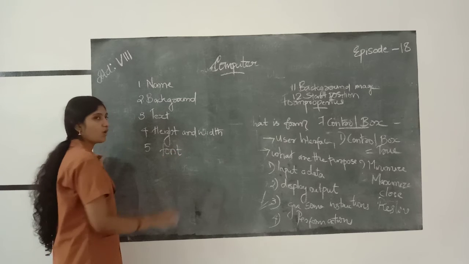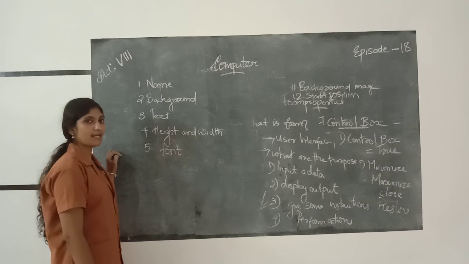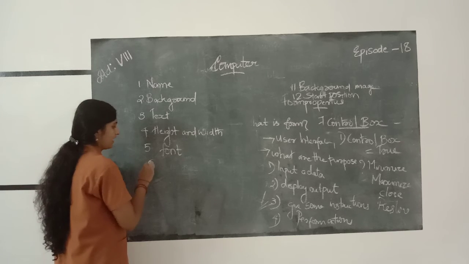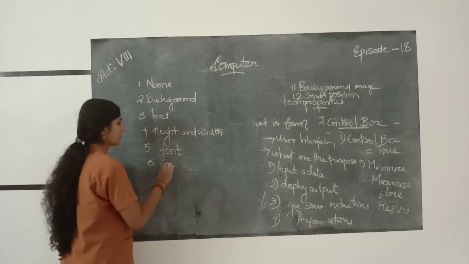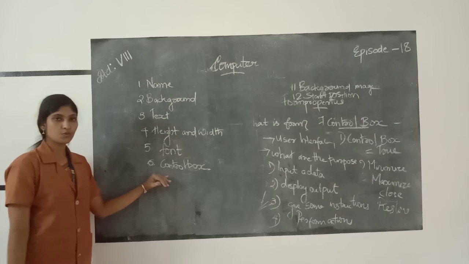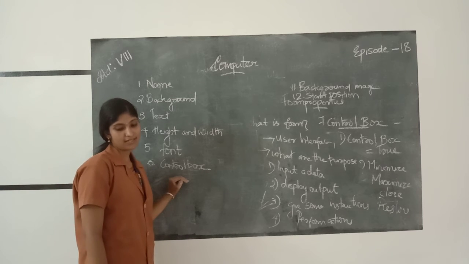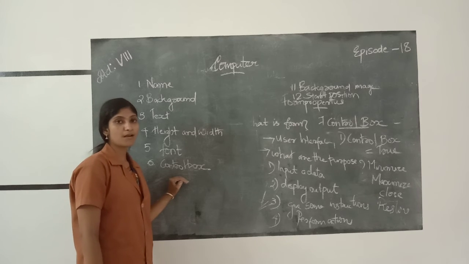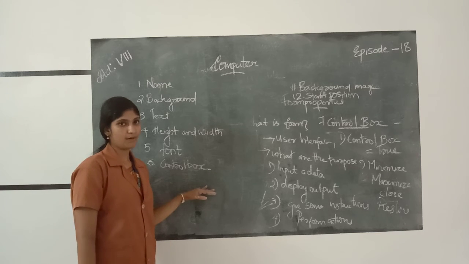You can set font properties to this form, like font color, font size, font type, etc. Then the sixth one is control box. If control box is set to true, then you can show buttons like the maximize button, minimize button, close button and also restore button. If it is set to false, you cannot display these buttons.